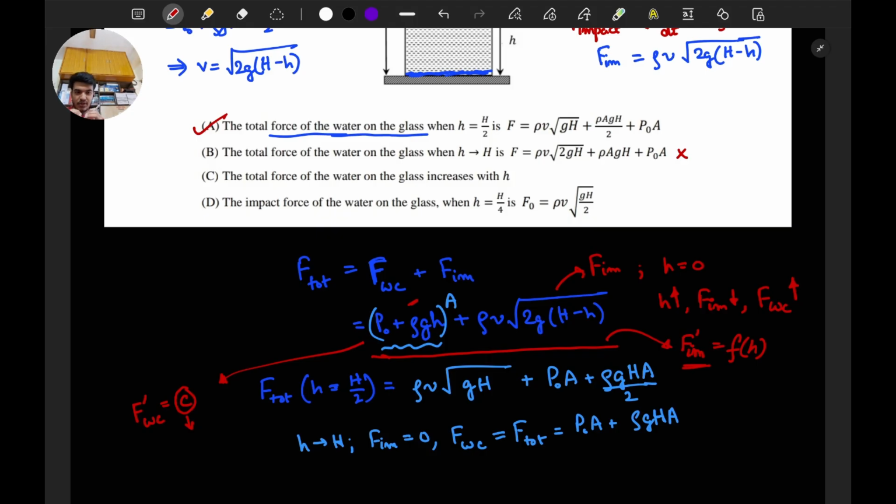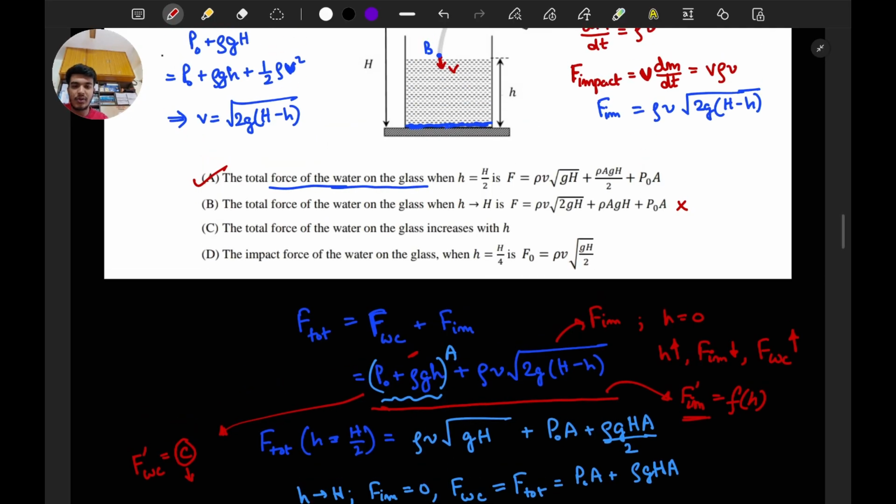As soon as they are equal, it would overpower the increase of the force due to the impact. So initially the force of the water will be increasing with h, but after some time the force will again start decreasing.